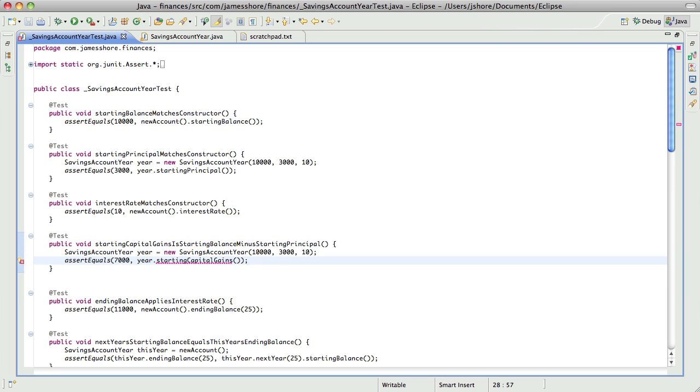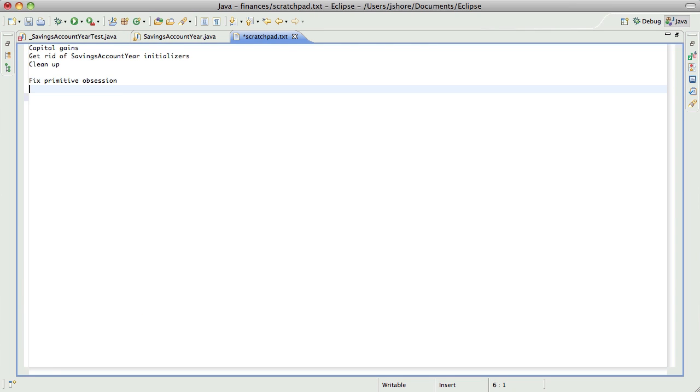Oh, and that reminds me, another thing we need to fix is I think we need to make sure next year is setting all variables properly. I think we need to carry forward capital gains, for example.